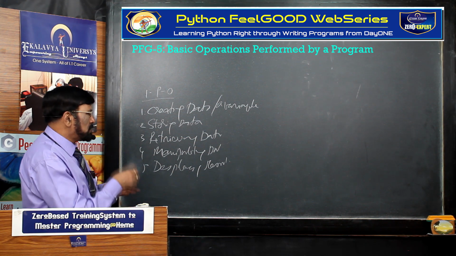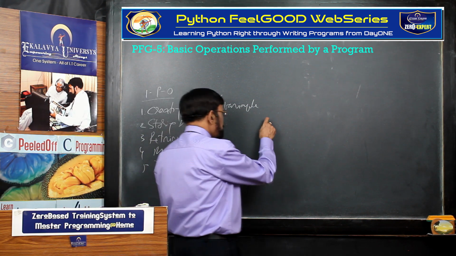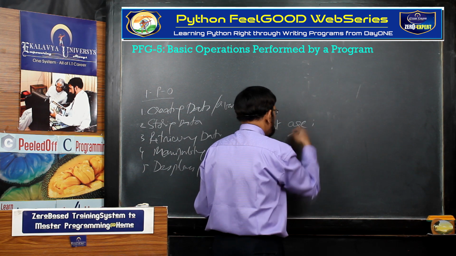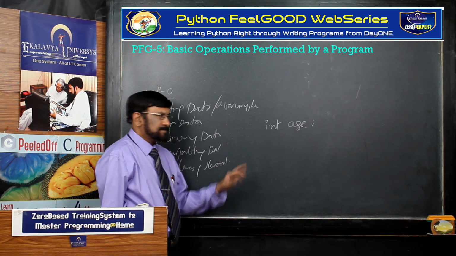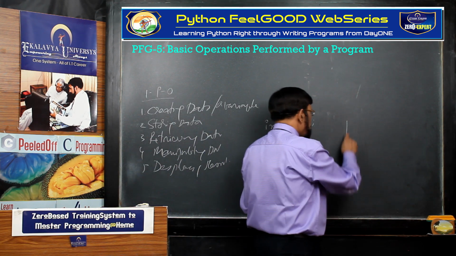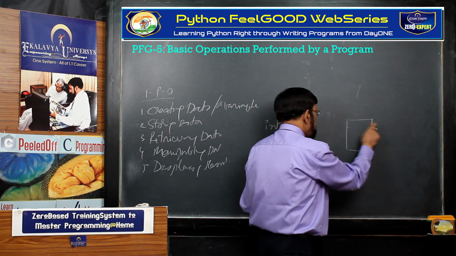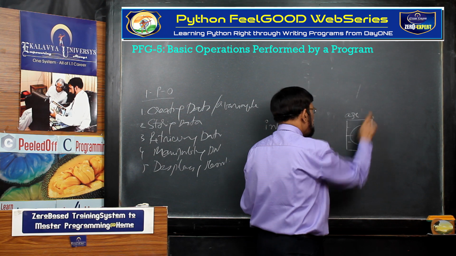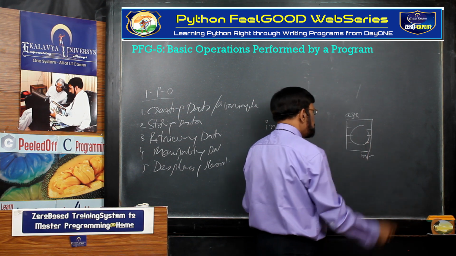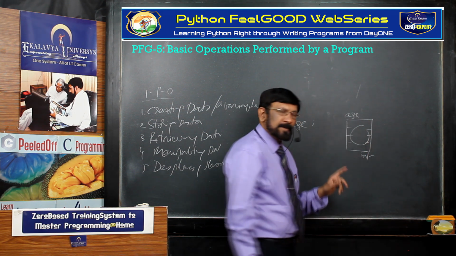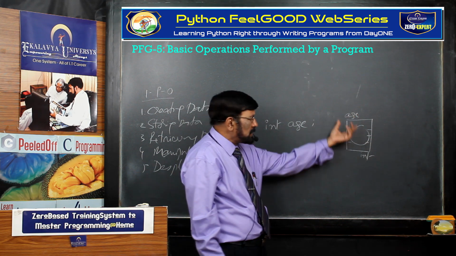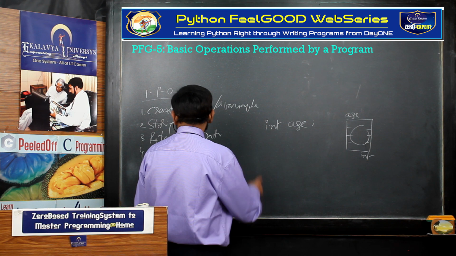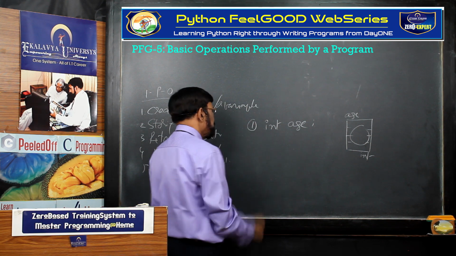Now, I give you a programming example. Int age, you have written. That means you want to create a variable. Its name is age and its type is int. Already I told you a variable is a named memory container of a type. This is creating data.